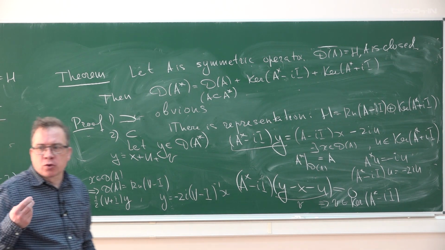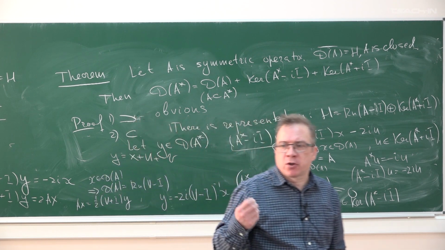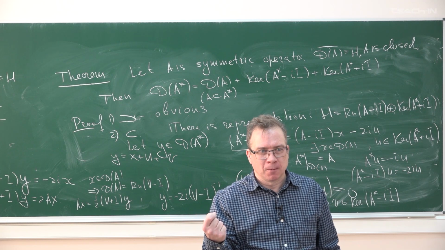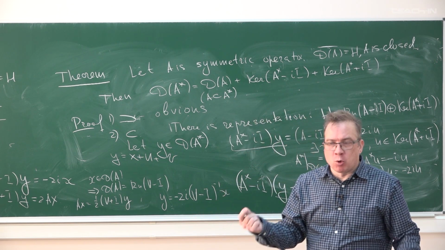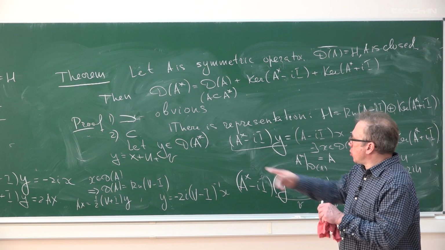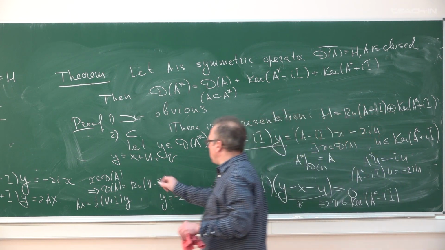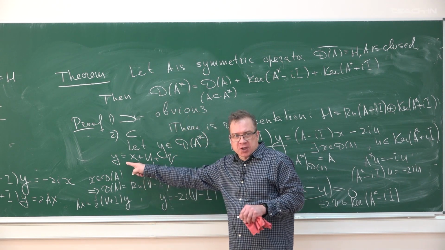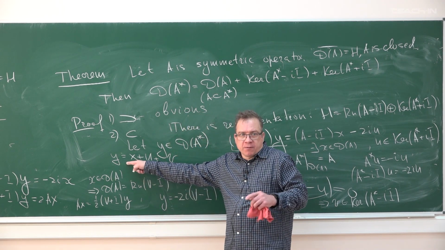Why is it so? If we want to show that the sum is direct, it is sufficient to show that zero has a unique representation. Because if we have two different representations of y, x prime plus u prime plus v prime for the same y, then the sum is not direct.